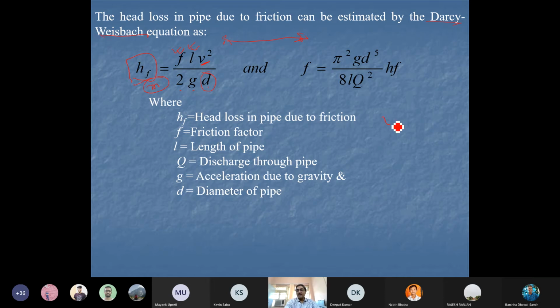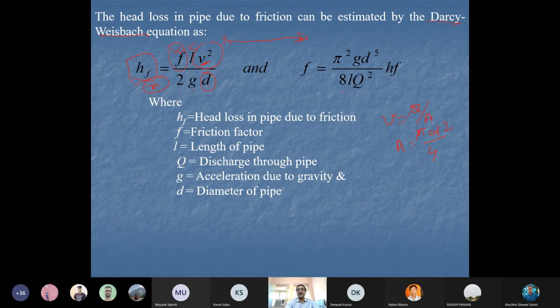You know that velocity is simply equal to the discharge per unit area. So transforming this, velocity is Q divided by the area, which is pi d square by 4, where d is the diameter of the pipe. Then we can find F, our target friction factor.